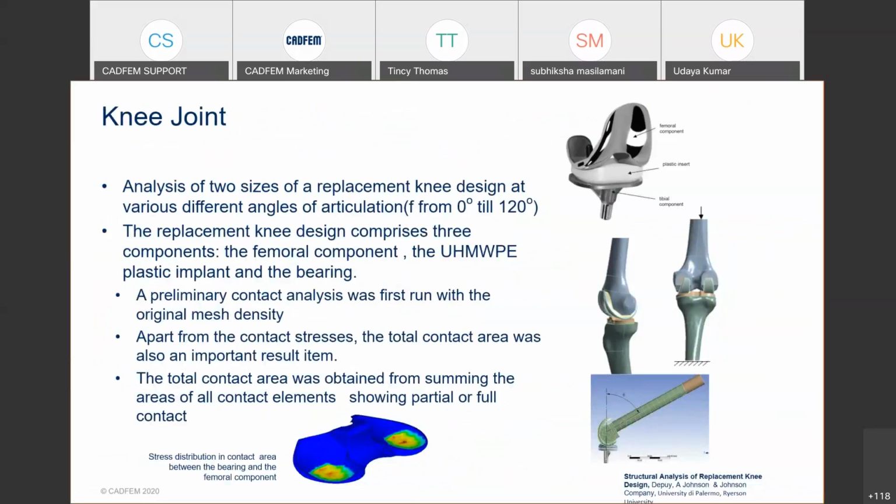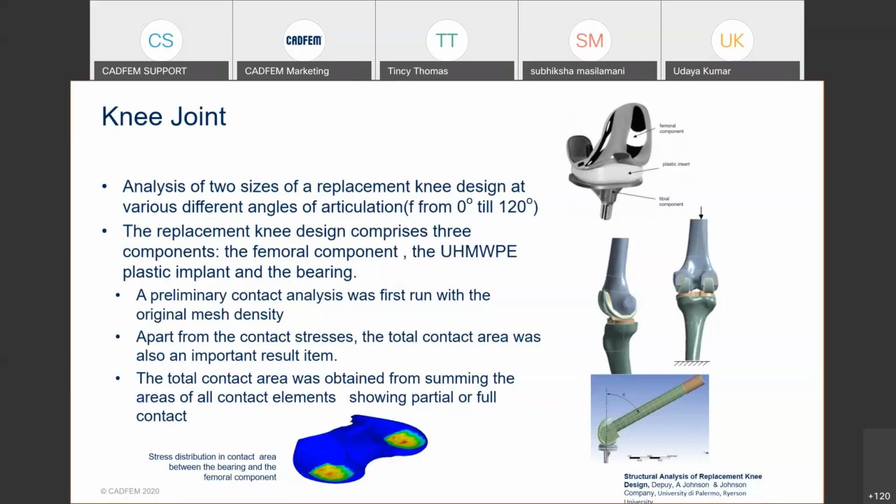Coming to the next part, the next joint is the knee joint. Basically, the knee joint is special due to its motion, and it's a little complex. Majorly, it should work for different angles, right? That is a specialty that comes with the knee joint.